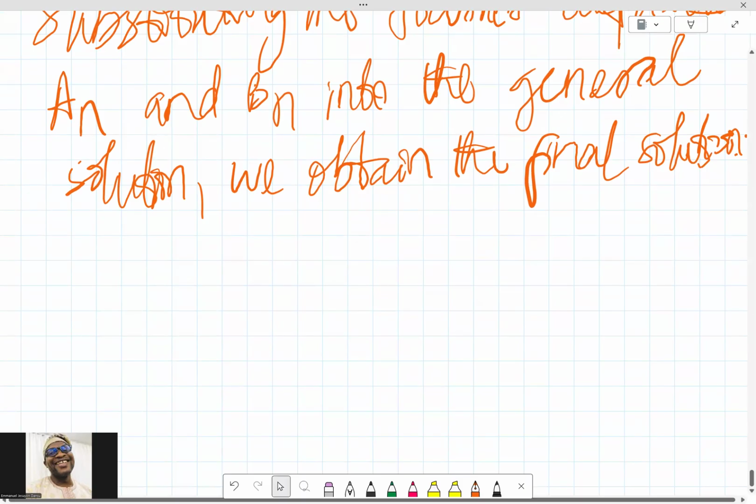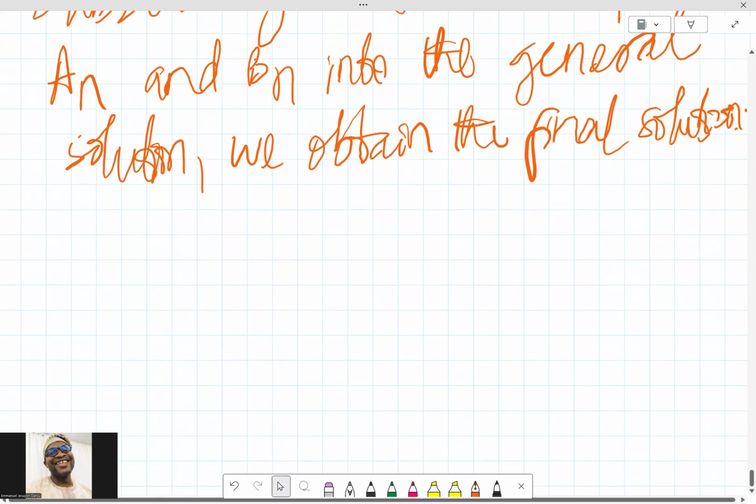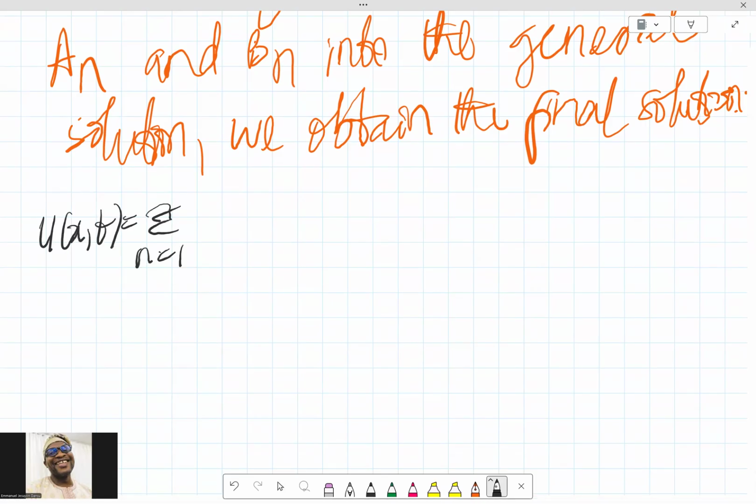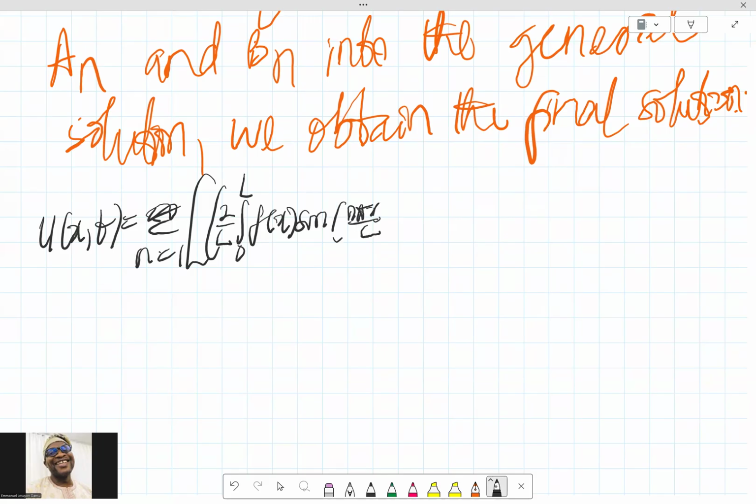Which is pretty long, but let's do it. So you have u of x comma t equals the summation from n equals 1 to infinity of 2 over L integral from 0 to L f of x sine n pi x over L dx.